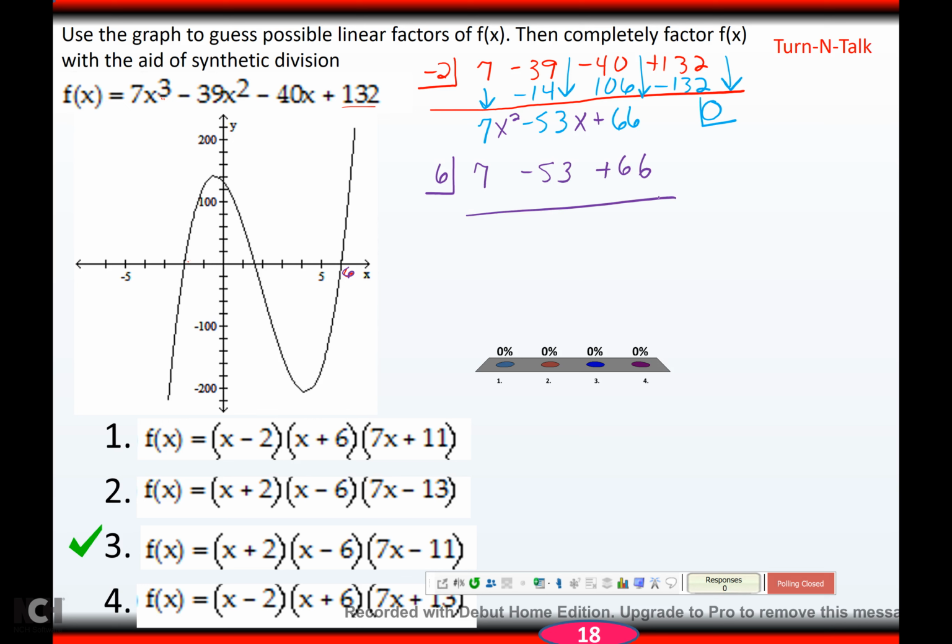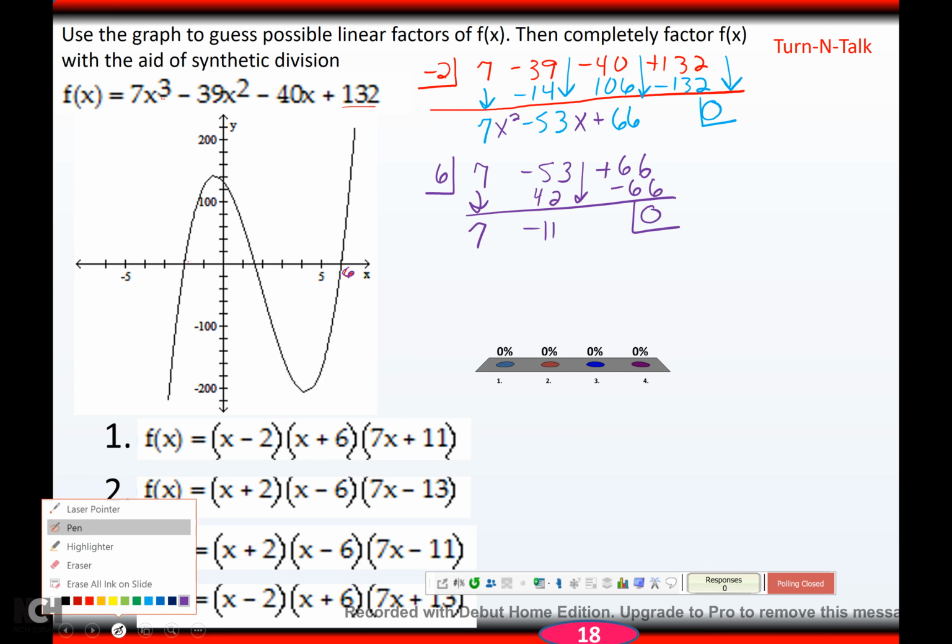Okay, 7 comes out, multiplies by 6, brings back 42, -53 eats 42, comes out -11, times 6 is -66, which gives me a remainder of 0.